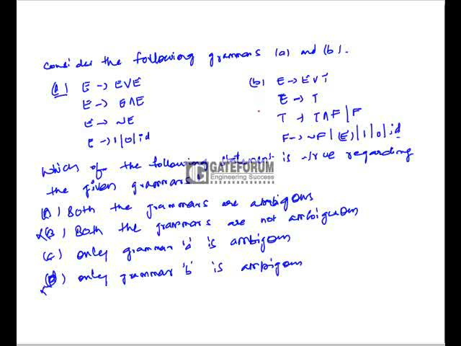So we can say grammar B is unambiguous and grammar A is ambiguous. So here the correct option is option C. If any particular grammar is both right and left recursive, we can simply consider that grammar as ambiguous grammar. So here the correct option is option C.